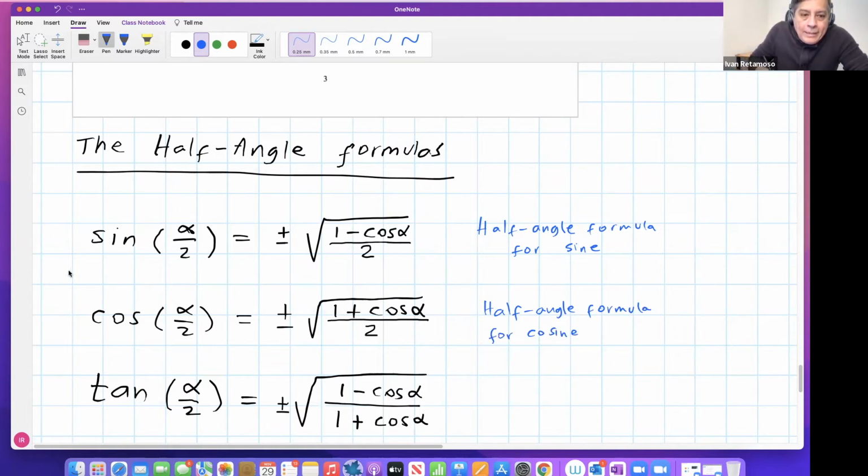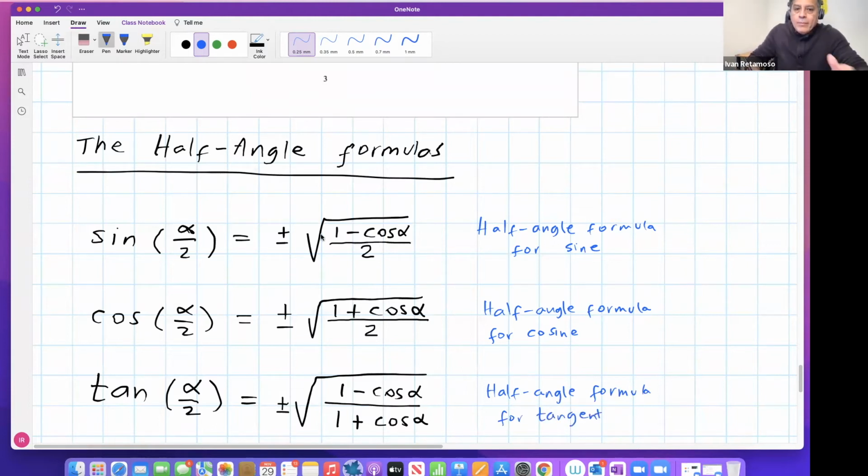Now, dividing these component-wise, sine over cosine gives you tangent. After eliminating the number 2, you keep the radical: 1 minus cosine on the top, 1 plus cosine on the bottom, the square root of the quotient, plus and minus. This is called the half angle formula for tangent.